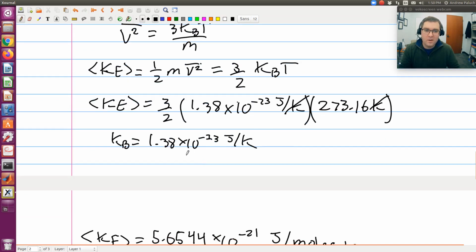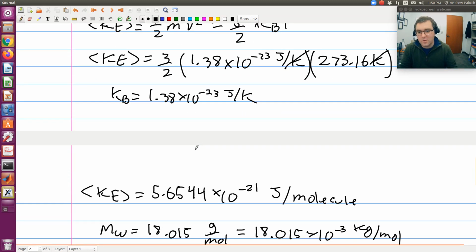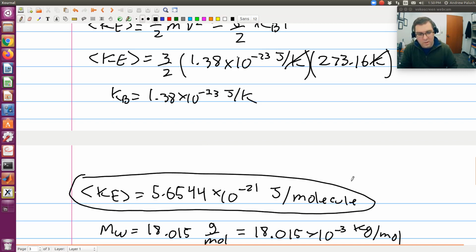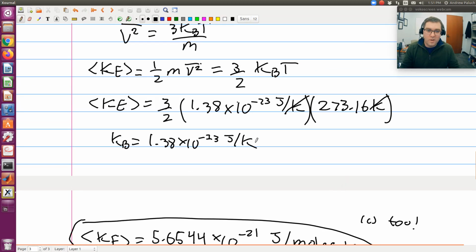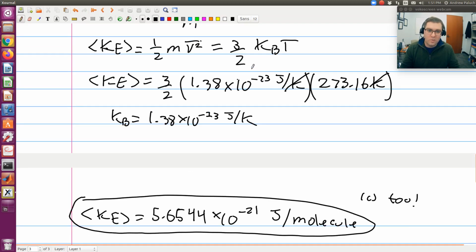So the kinetic energy for part C, for that molecule of oxygen, would be exactly as we calculated here, the value for C2. Since it's at the same temperature, it would have the same mean kinetic energy.